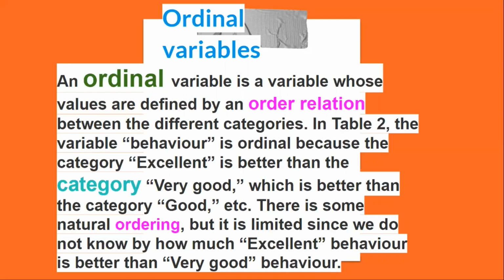In the table that follows, we present the variable behavior, which is ordinal because the category excellent is better than the category very good, which is better than the category good, etc. So there is some natural ordering among the values, but it can be limited since we do not know by how much excellent behavior is better than very good behavior.